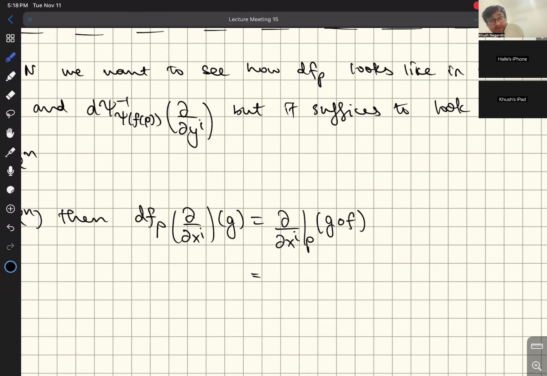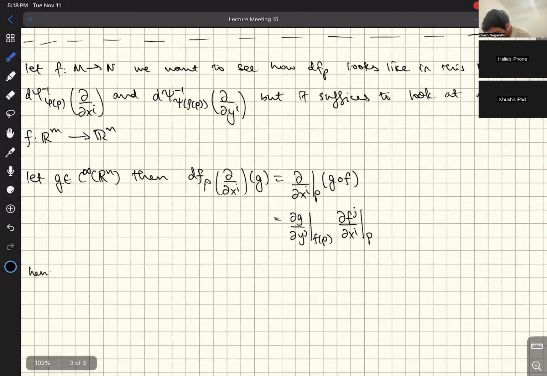But this by chain rule is nothing but partial G partial y_j at f of P times partial f_j partial x_i at P.